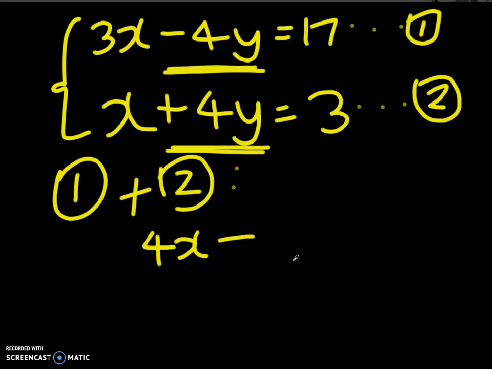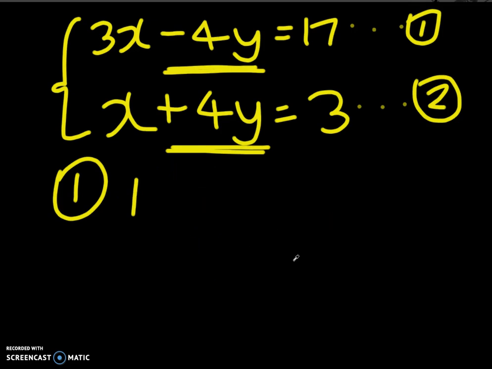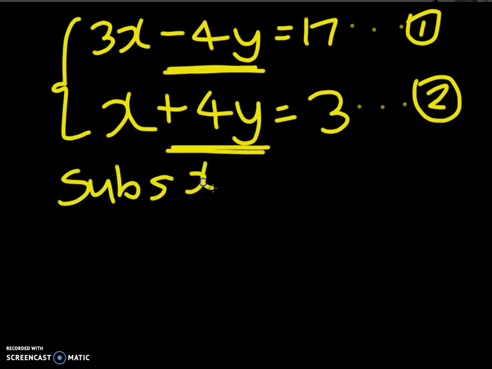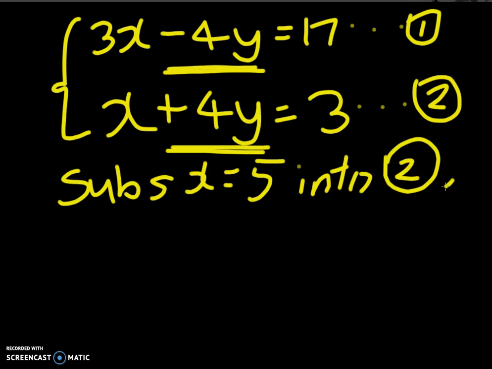Now, once we got x equals 5, we substitute back inside one of the equations. So sub x equals 5 into, we can choose, I'm going to choose 2. You can also choose 1. It doesn't make a difference, so you can substitute inside any equation you like. But I will do equation 2, since it's easier, I think.